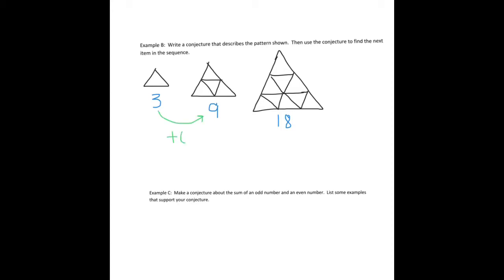Well, the first thing I did was I added 6, and then the second thing I did was I added 9, and it just so happens that each triangle has 3 sides. So this was actually an increase of 3. So if I follow that same pattern and add 3 more, then this should be 12. So 18 plus 12 would give me 30.